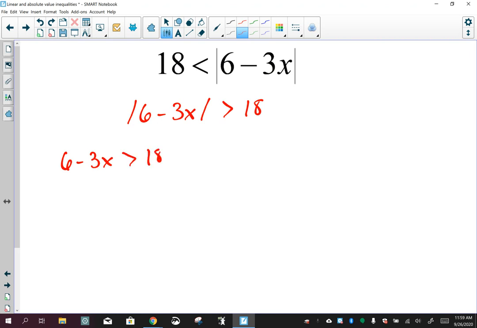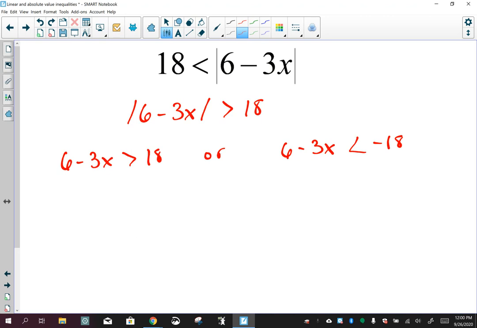Then I'm going to look at it when the other side is negative, but when I do that, I'm going to flip that sign. And this is what we call an OR situation, because with the absolute value greater than, we have an OR situation.